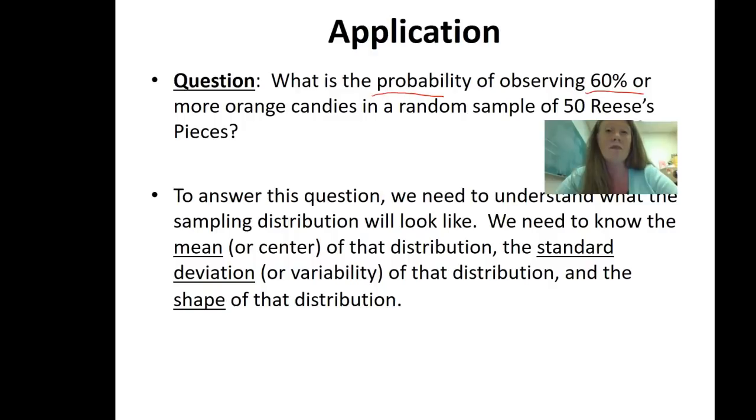So to be able to answer that, or to get us started, there are three things I'm actually going to need to know about the sampling distribution. I'm going to need to know what the mean or the center is. I'm going to need to know what the standard deviation is, or the variability, and I'm going to need to know the shape. And it's really lucky for you that statisticians have already done a lot of this work for us. They have studied sampling distributions very, very carefully.